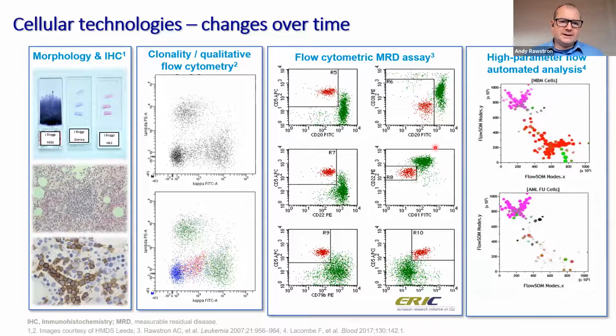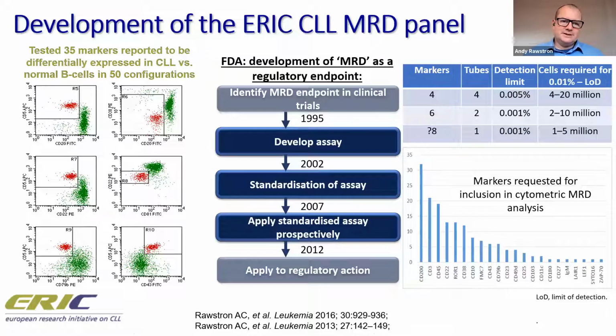For the CLL panel, quite a lot of markers were tested early on to try and identify the best way to separate CLL cells from normal B cells, and it came down to a small panel of somewhere between 8 and 10 markers that you might want to use to capture all of the neoplastic phenotypes that we see in CLL.